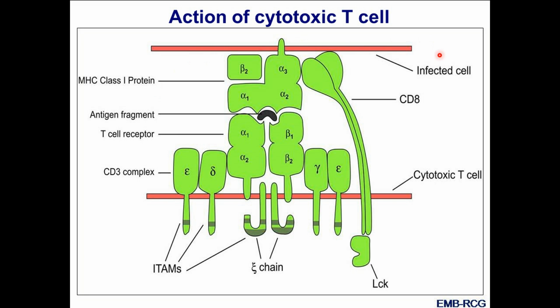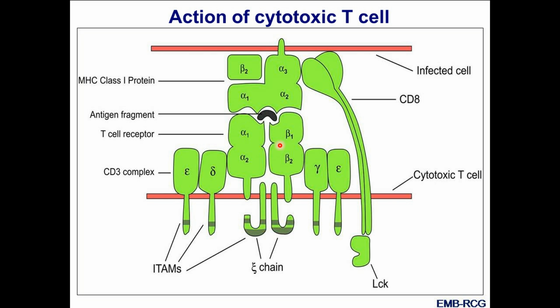So we have an infected cell here. This is the cell membrane of the infected cell. This is the MHC1 protein inserted in the cell membrane, and this is the foreign peptide bound to and displayed by this self MHC1 protein. We have a cytotoxic T cell. This T cell has got a T cell receptor which is complementary to this foreign peptide.